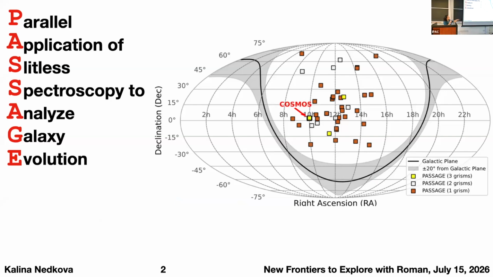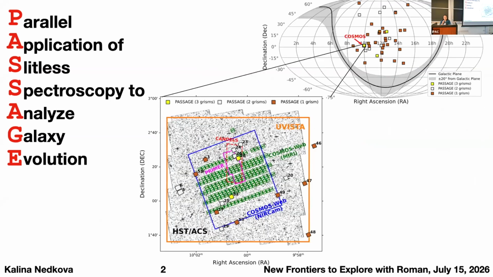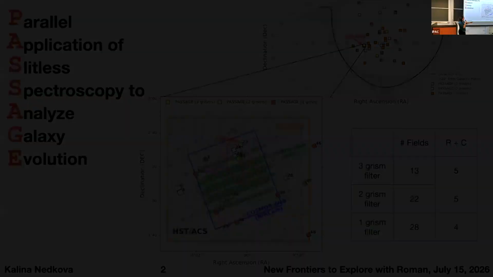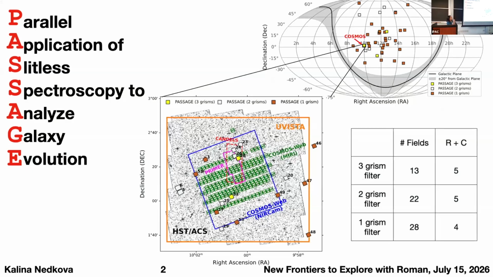Of the 63 fields that we observed, 15 are within Cosmos, because astronomers like to look in very specific parts of the sky. And because we were restricted to only change setup when the primary program was doing the same, only 13 of our fields have all 3 GRISM filters, and you can see a breakdown of the other fields as well.